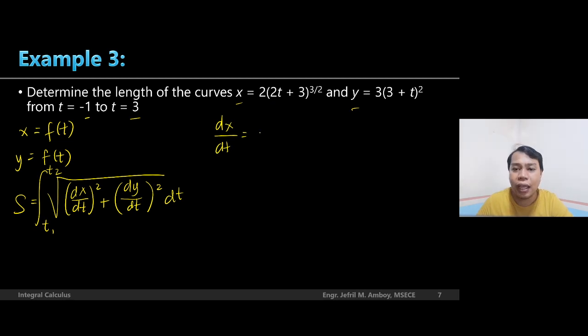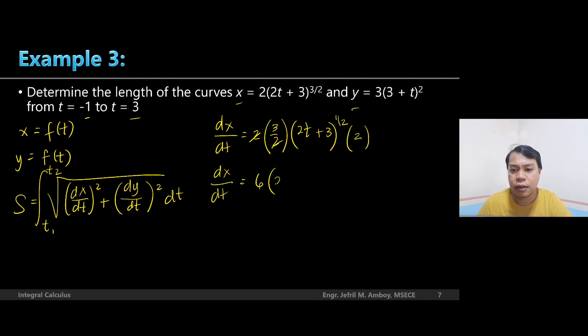So, ito magiging 2 times 3 halves times (2t plus 3) raised to 3 halves minus 1 is 1 half. And then chain rule, derivative ng 2t plus 3 is 2. Okay, so magka-cancel dito yung 2. And here, may matitira na dx over dt equals 3 times 2 is 6.